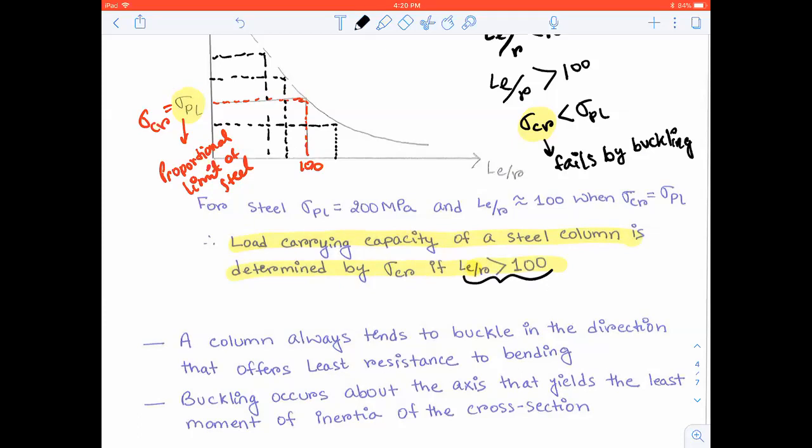We only check for yielding, that the stress is not exceeding the yielding strength. As long as it doesn't, it's fine. But once you reach this critical slenderness ratio, then you're more concerned about the critical stress.